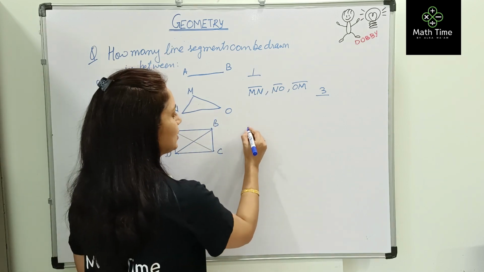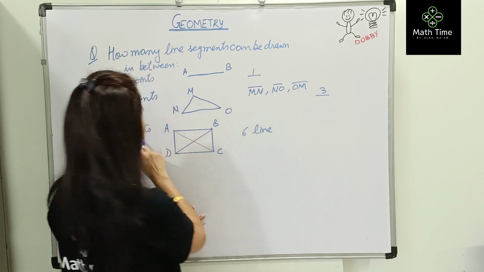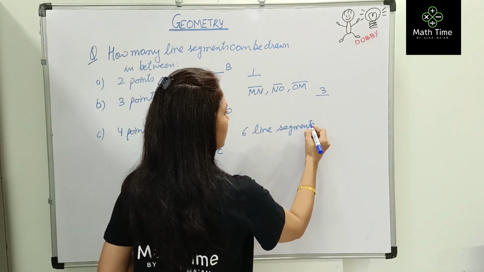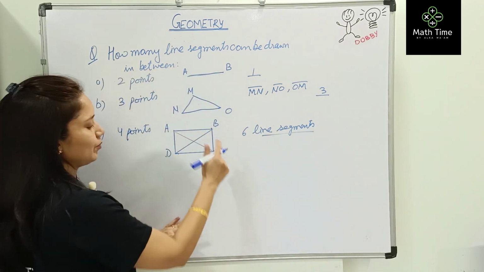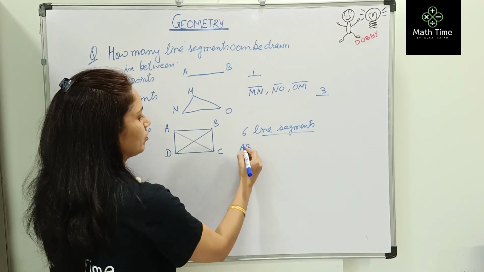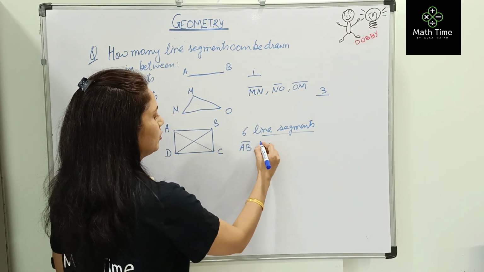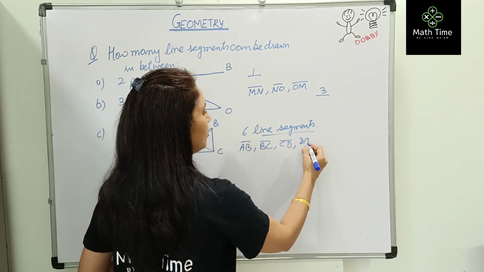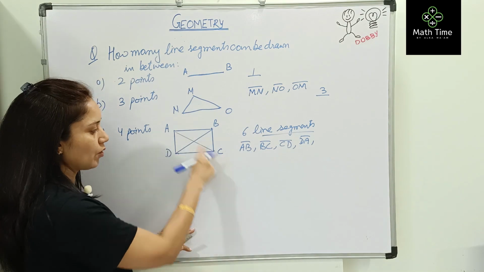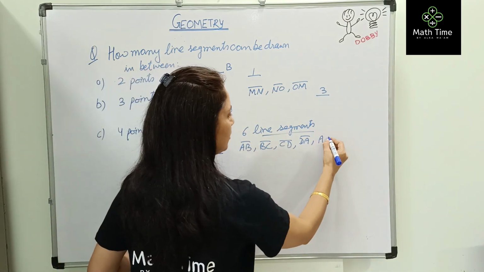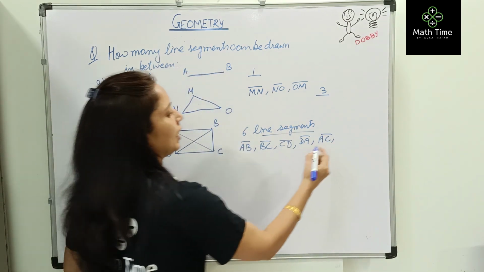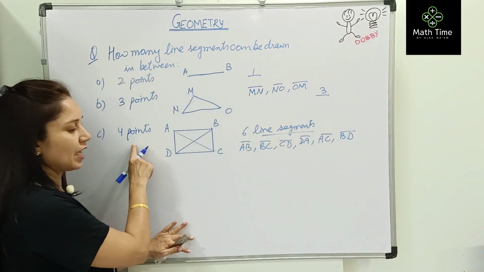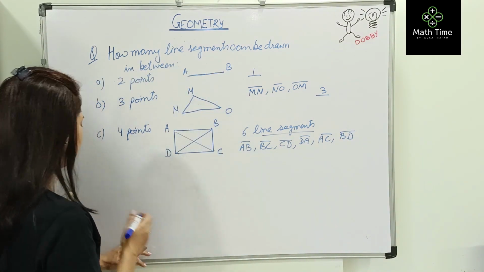So total 6 line segments we could make with the help of 4 points. Let us name them. AB 1, BC 2, CD 3, DA 4. 4 line segments, now diagonals. AC 5th and BD is the 6th one. 6 line segments can be drawn with the help of 4 points.